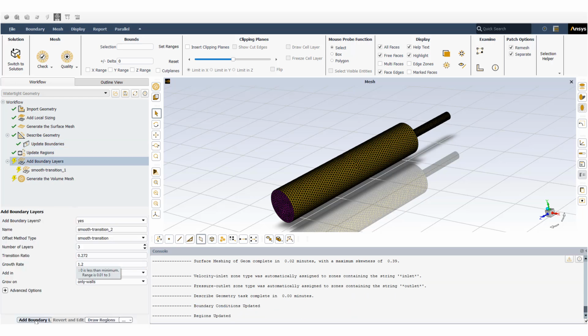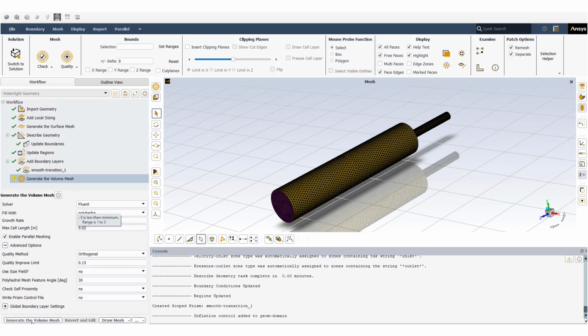The region is only fluid, and I consider 5 layers for modeling the boundary layer. And let's work on the volume mesh. I just consider a minimum of 0.15 for the orthogonality.